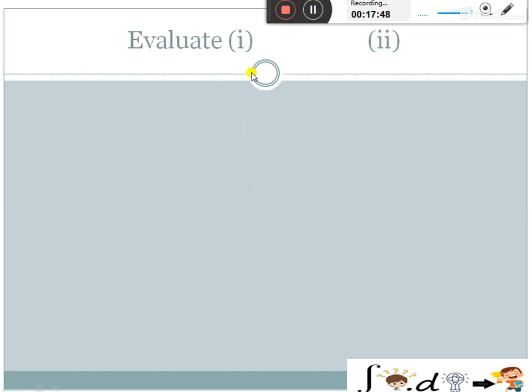Now we have the next example, that is the integral from minus 1 to 1 of sine power 5x cos power 4x dx. Here you have to see the limits are the same with a change in sign. That means according to the seventh property we have to check for odd and even function.